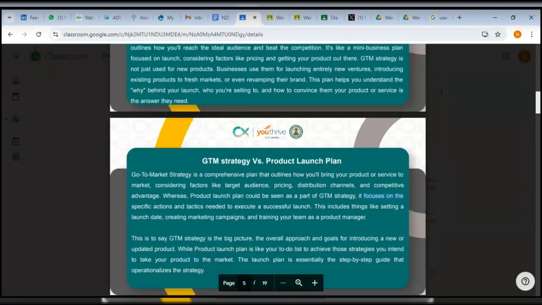The why is why are we launching this, the whom is to whom are we selling this, and the how is how do we convince them, which is what marketing is about. How do you create an awareness and a conviction that you are the solution to a problem? That's what you want your marketing strategy to do for you.